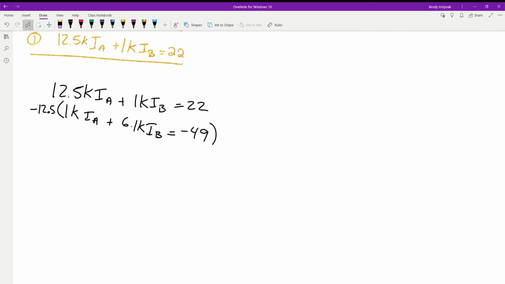So we end up with a negative 12.5K IA. We take our 6.1K, we multiply that by 12.5. This is negative 76.25K IB.